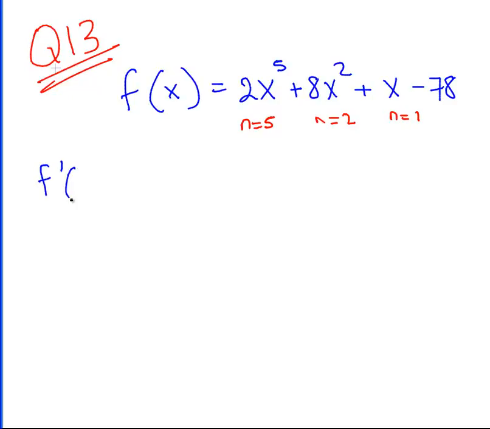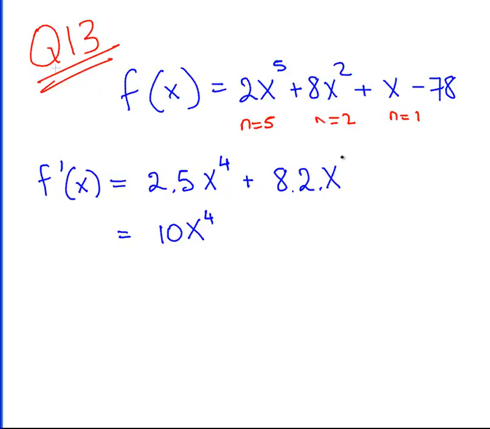So f dash of x equals 2 times 5 times x to the power of 5 minus 1, which gives us 4. So that part is going to work out to be 10x to the power of 4. This next part, ignore the 8 or just leave it out on its own. 2, bring down the n, x to the 2 minus 1 is simply 1, and x to the power of 1 can just be written as x.